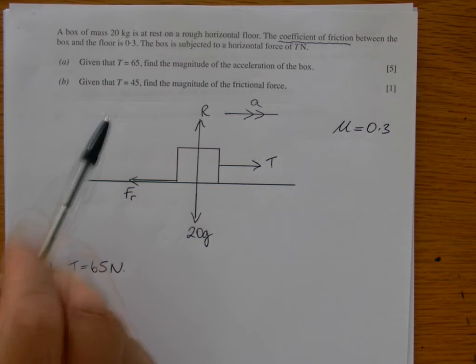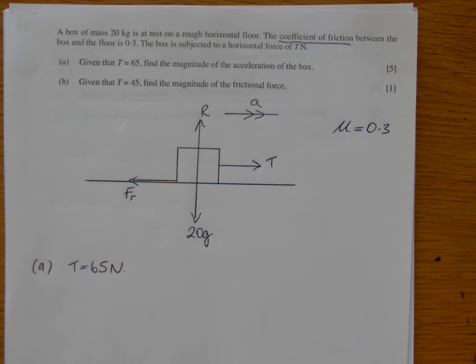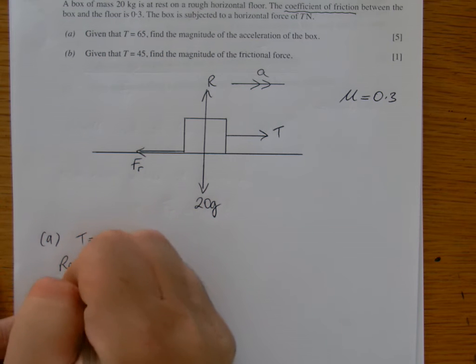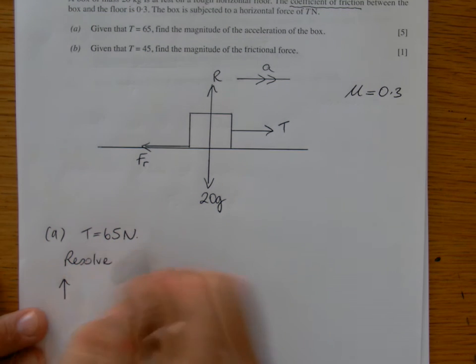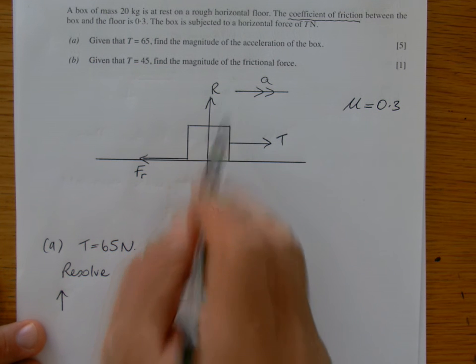So in A, given that T equals 65, find the magnitude of the acceleration of the box. Well, first of all, we've got to think about resolving. The easiest thing to resolve here is perpendicular to the surface. If it's moving horizontally, there's no movement vertically.